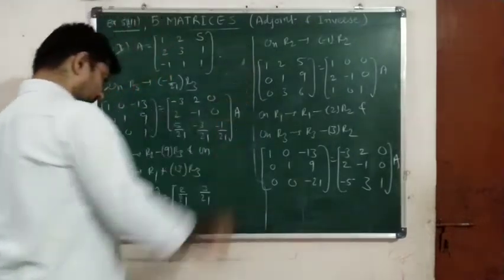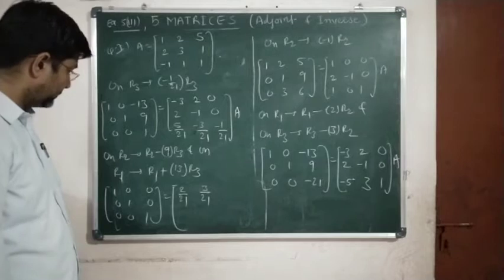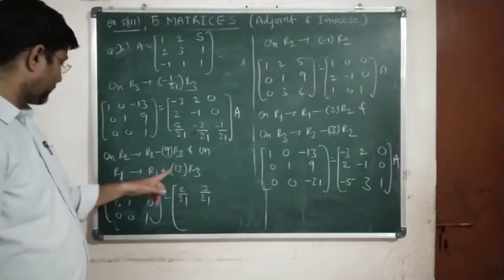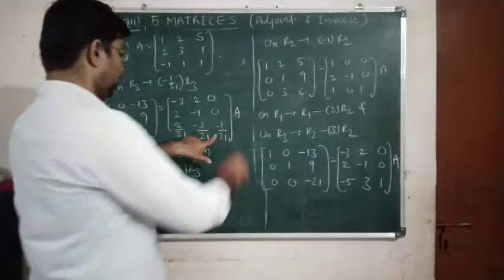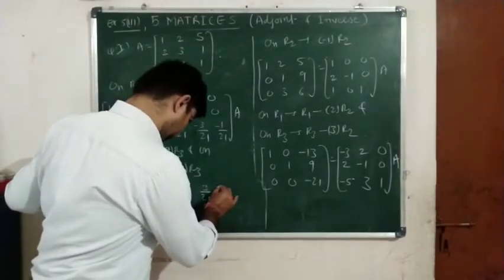So let us first check all the steps, then any reduction if possible we can do. Again R1, minus 13 upon 21, this will be as it is only.